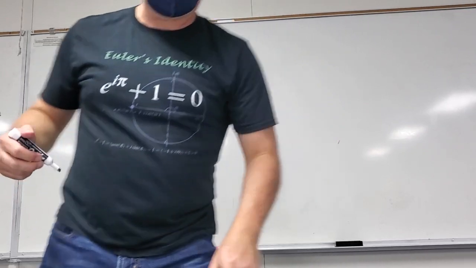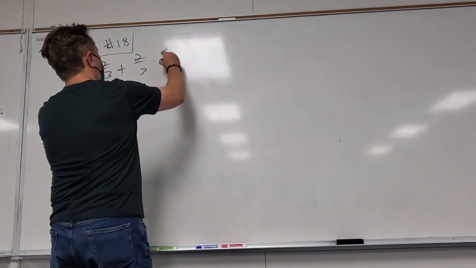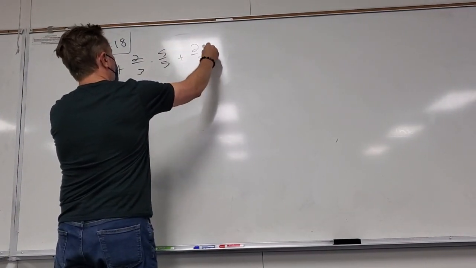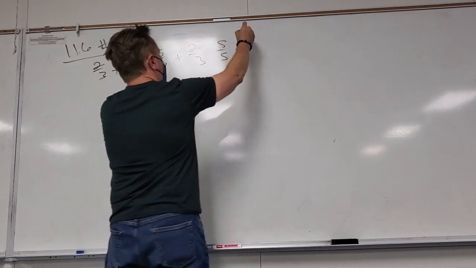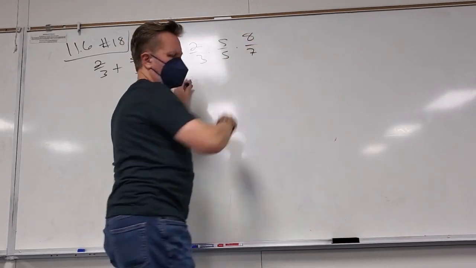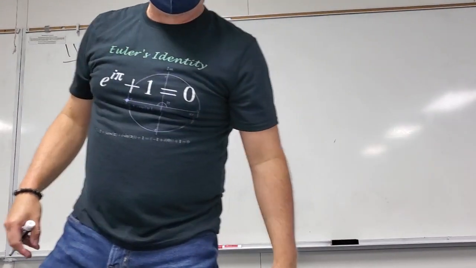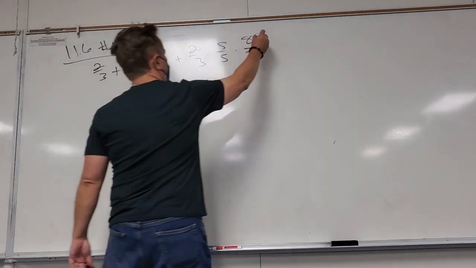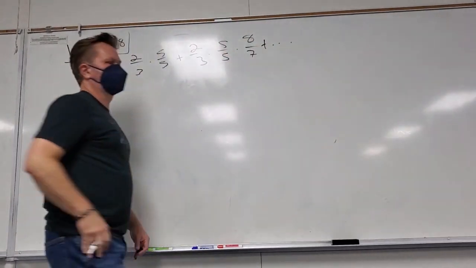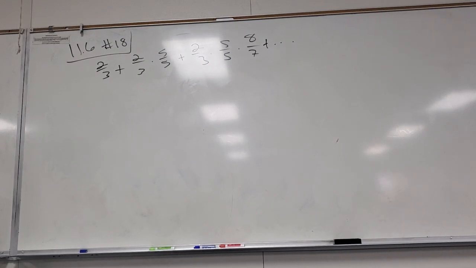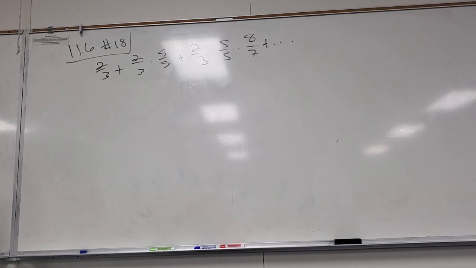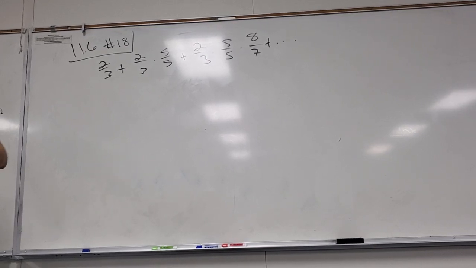Oh, 5 over 5, okay. 5 over 5 plus 2/3 times 5 over 5 times 8 over 7, right? Yeah, okay, plus dot dot dot. Now, that is some trippy stuff. What does that look like?